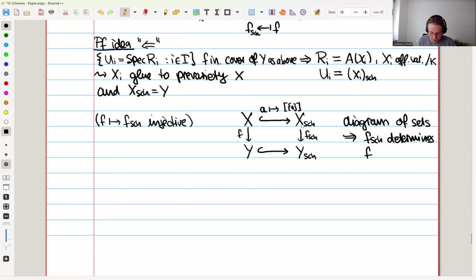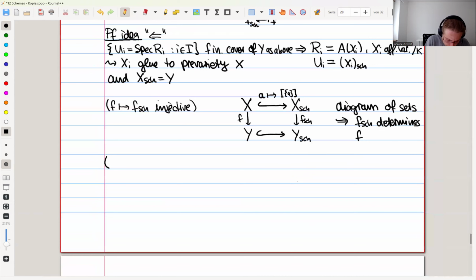Well, you can take first this inclusion and then F scheme, and then you land in here. And because this map is injective, there is a unique point in Y mapping to it. And then you define this to be F. So somehow, in a certain sense, the scheme world always knows at least as much as the variety world. So this is one thing.